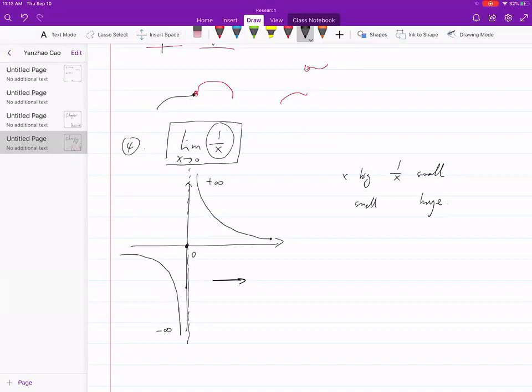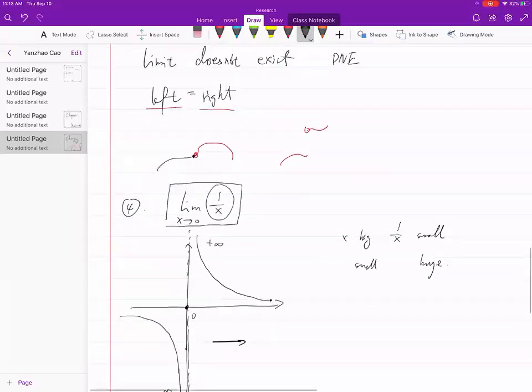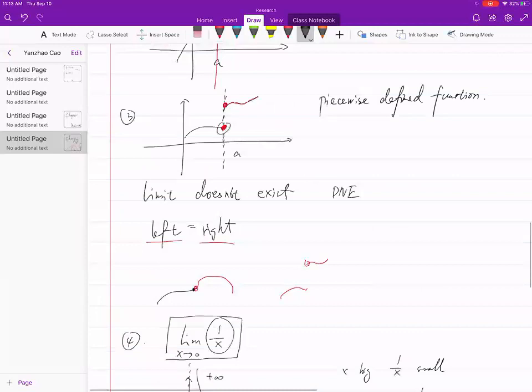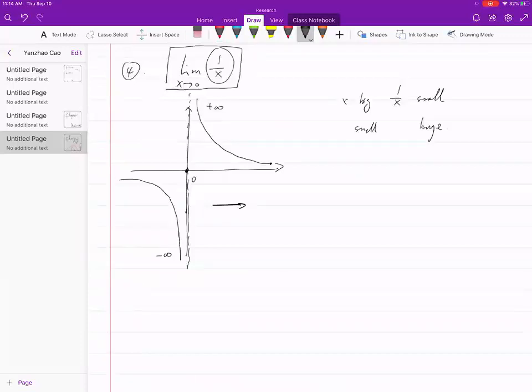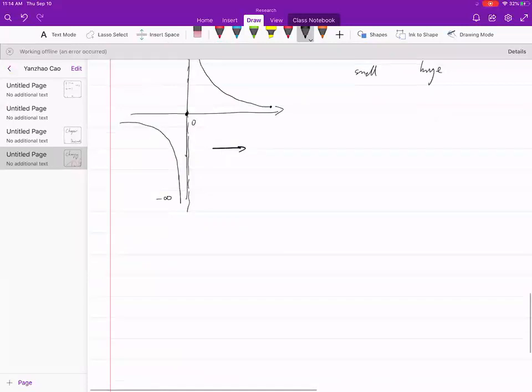Negative infinity. Good so far? Together, what's the limit, from both left and right? There's no limit because left and right do not agree. Similar to this case. On the left, you got one value. On the right, you got another value. They don't agree, so there's no limit. Sounds good? Okay, so this is the last case we will introduce, where we have a vertical asymptote.